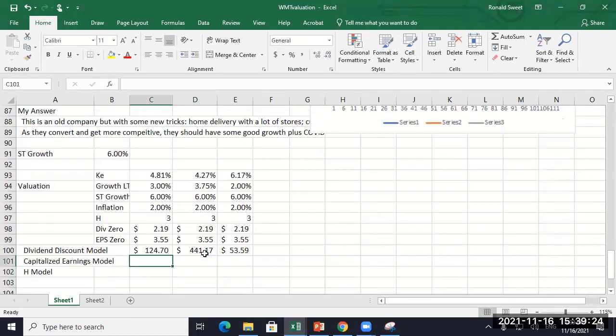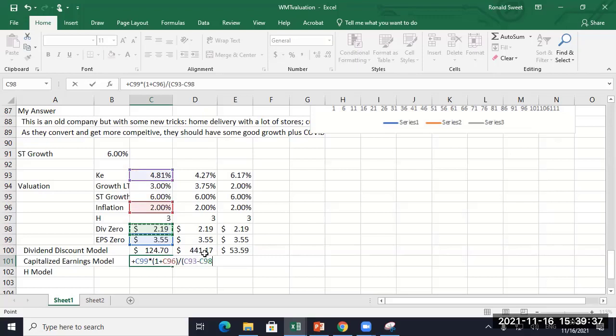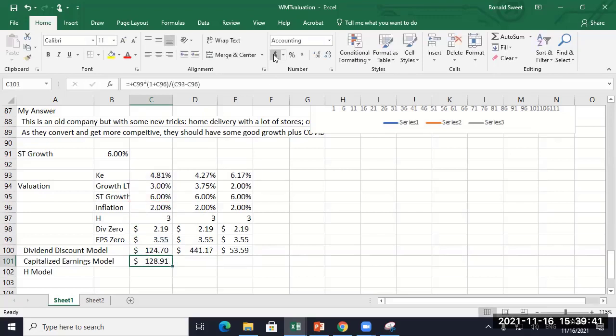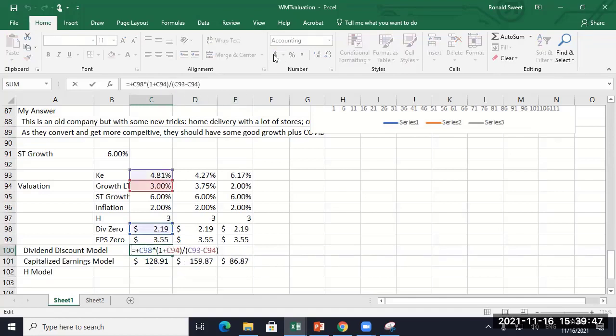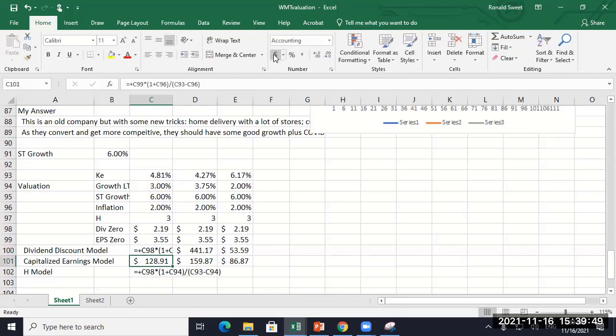So capitalized earnings, same formula, except we use earnings per share instead of dividends, and we use inflation instead of long-term growth. The KE is the same, minus inflation. We're not going to get radically different answers there because we're just changing the beta. And then the H model, remember the H model? It's a dividend discount model, so you can just use that formula again.